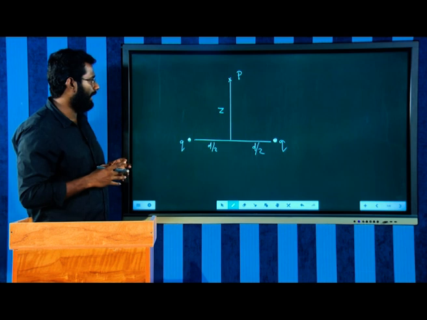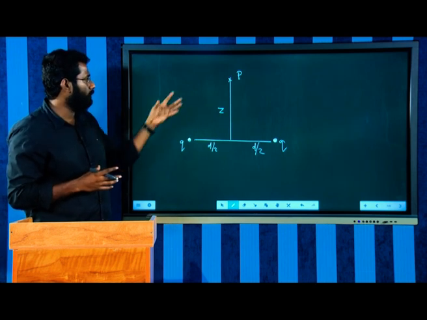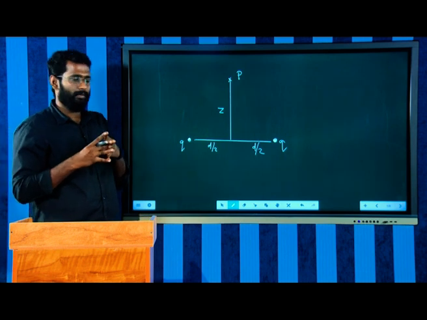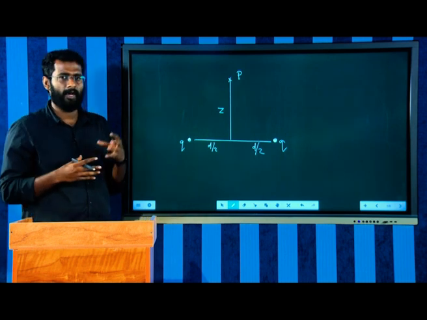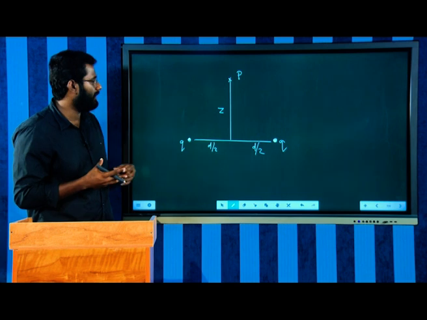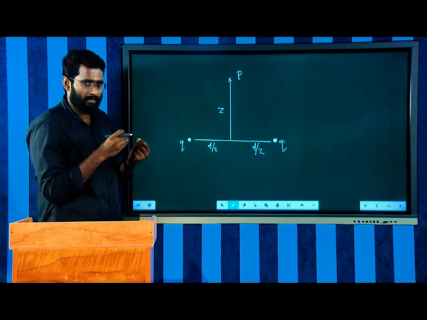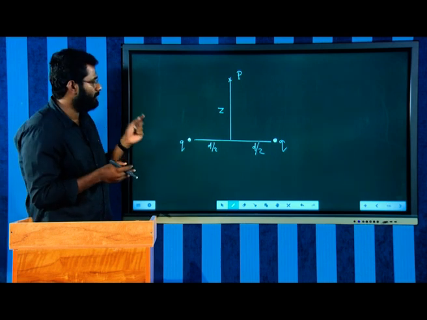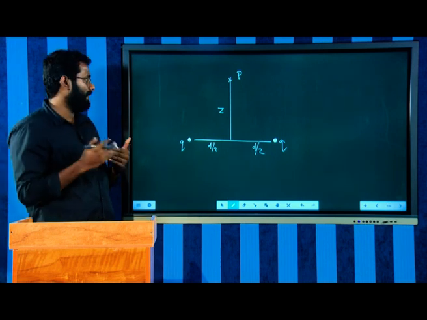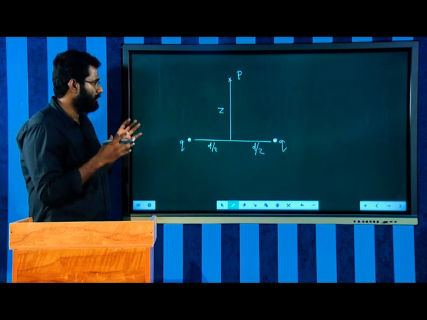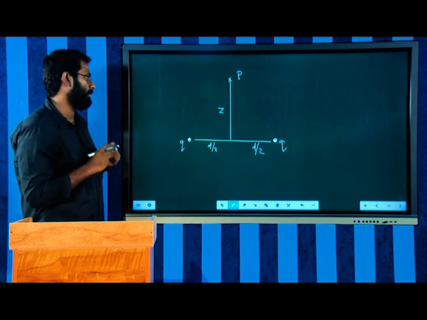Now how would we calculate the force due to all this? We can do it in several ways. Probably you have done something like this in your +2 classes, but we are doing it in a slightly more complicated way, which is very useful when dealing with multiple charges or complex problems. So we are going for a general approach.